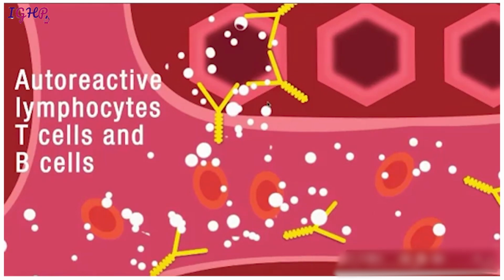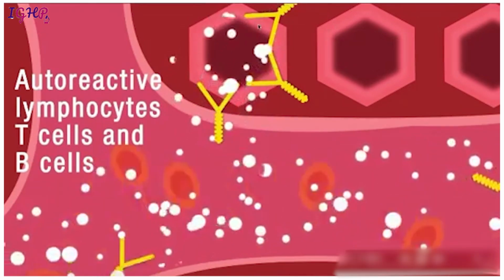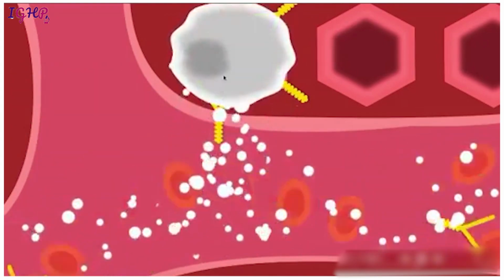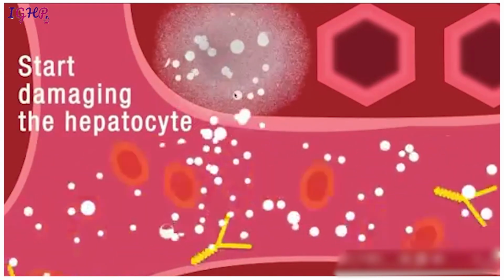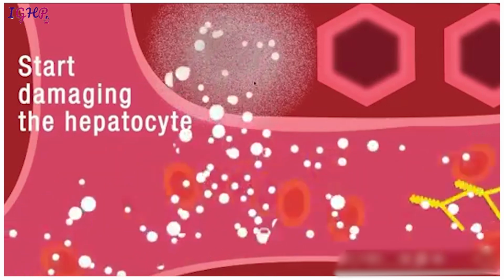So the amount of infiltrate that we see in the tract is mainly the plasma cells. So there are a lot of plasma cells in the lymphoplasmacytic infiltrate that we see in the portal tract in autoimmune hepatitis, and they are going to produce these antibodies, which are then recognized by the body's T cells and B cells, and they are going to damage the hepatocytes.